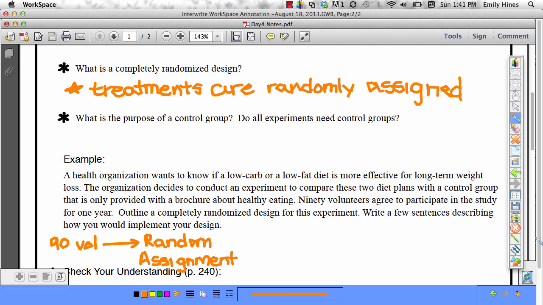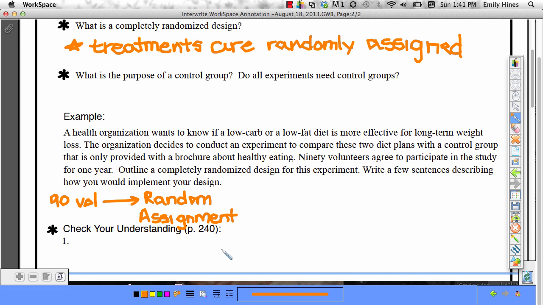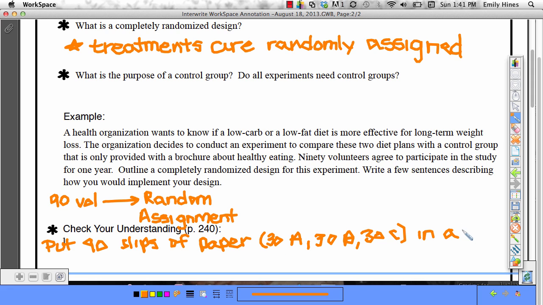So that would be something to the effect of, I put 90 slips of paper in a hat with 30 labeled A, 30 B, and 30 C. I mixed them all up, drew them out one at a time.